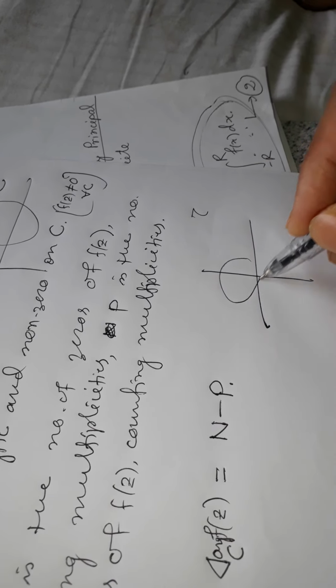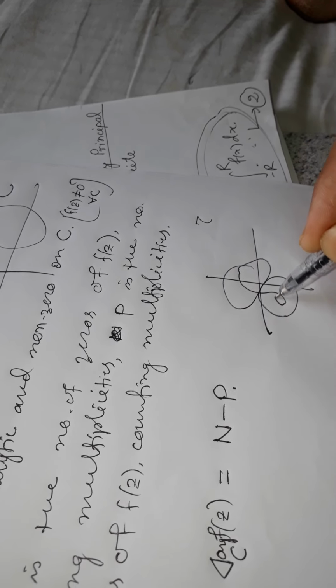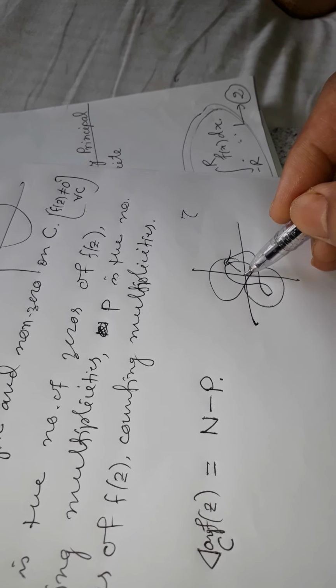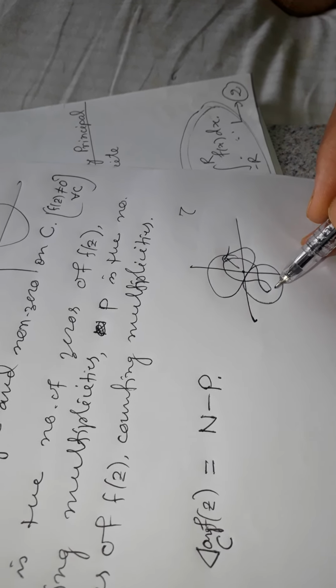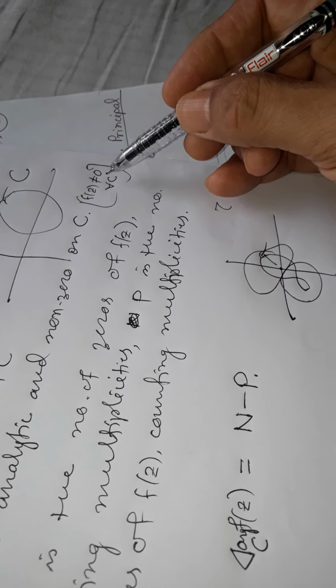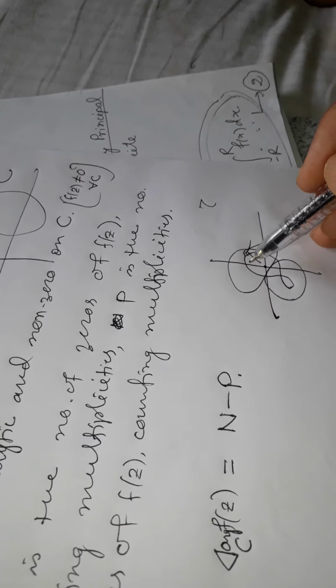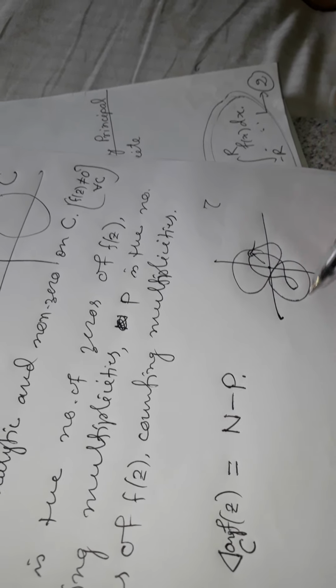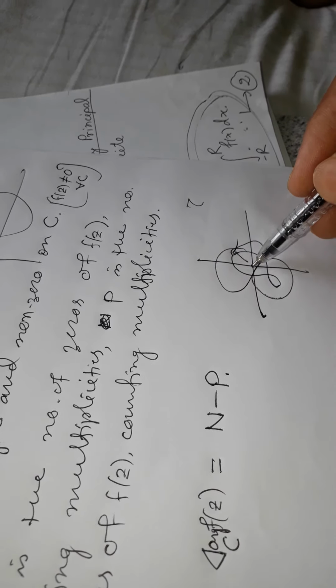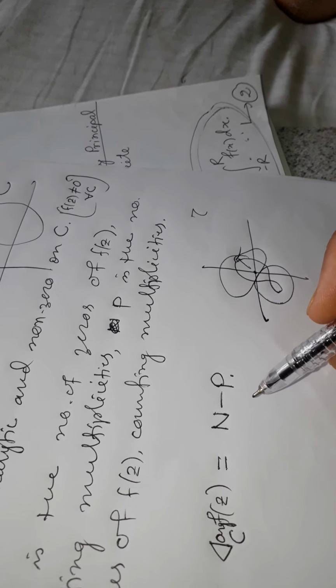We have already seen this type of curve. Because f(z) is never equal to 0, the image curve will never pass through 0, but it will rotate around the origin. So this is the number of times it actually rotates.